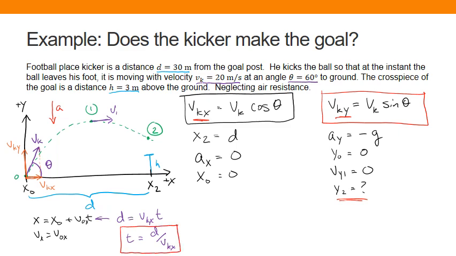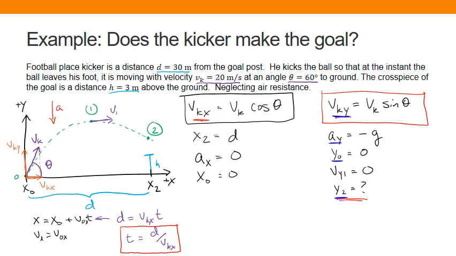Now I've got time. I know what my time frame is for this kick, so I can now take this time and put it into my y equations and use it to find where I end up in the vertical direction. When I look at my information in the vertical direction, I see that I have an initial velocity, I have an acceleration, I have an initial position, and I'm looking for a final position.